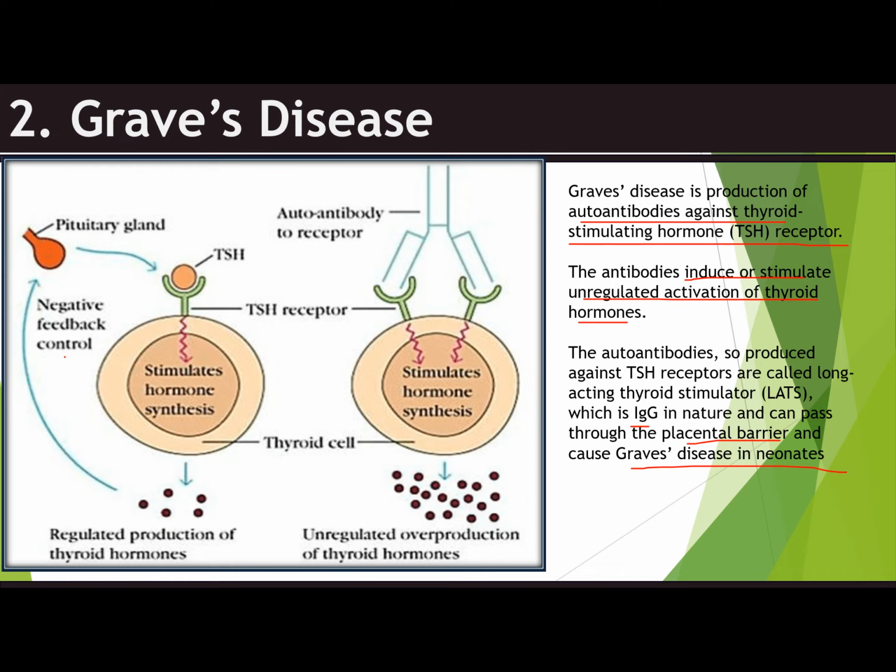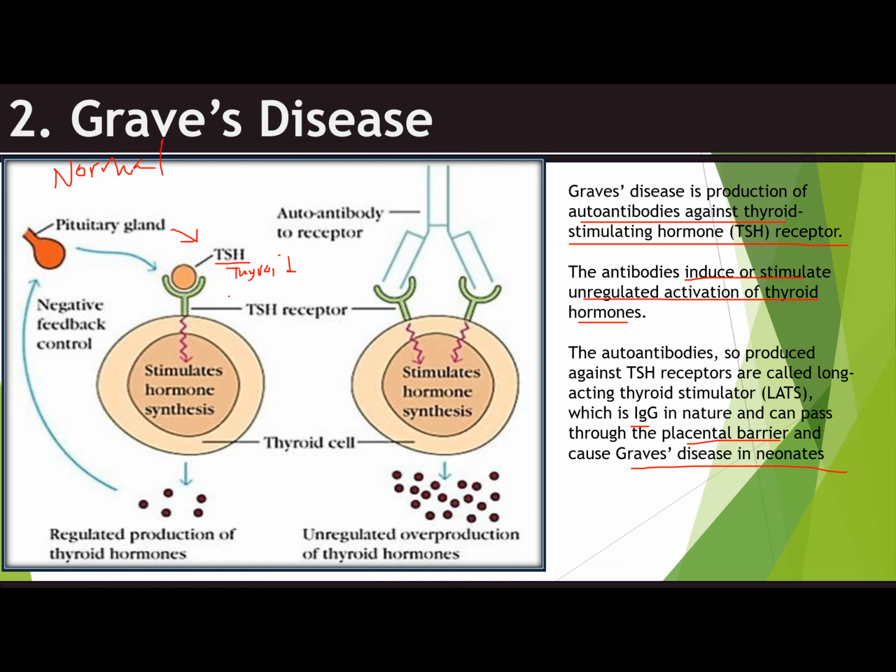Okay. Para mas maintindihan nyo, class, let's look at the normal control or normal production of your T3, T4. So, si pituitary gland nyo would release TSH. Di ba? Magre-release siya ng TSH. And si TSH nyo now would go to the thyroid.